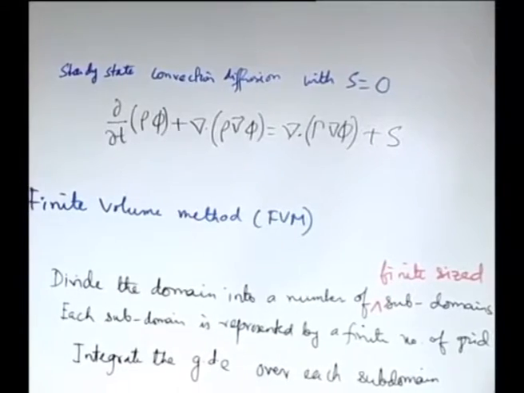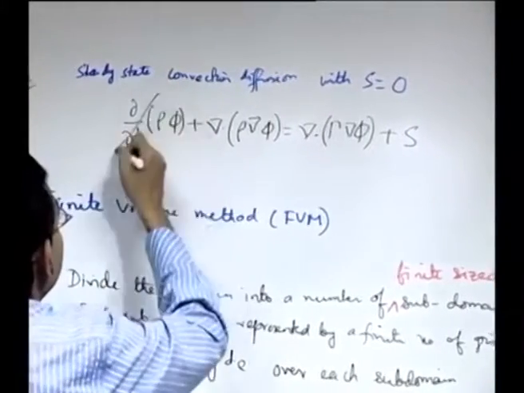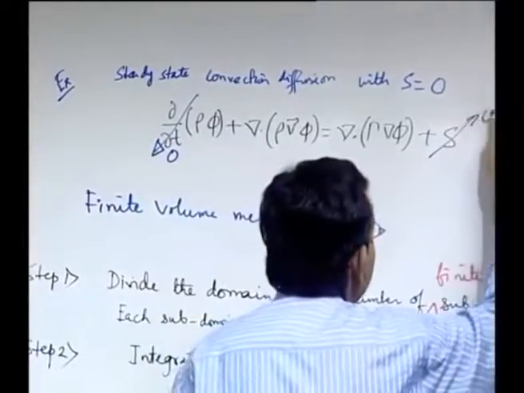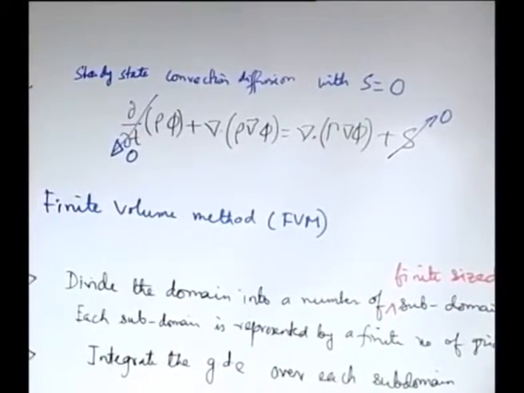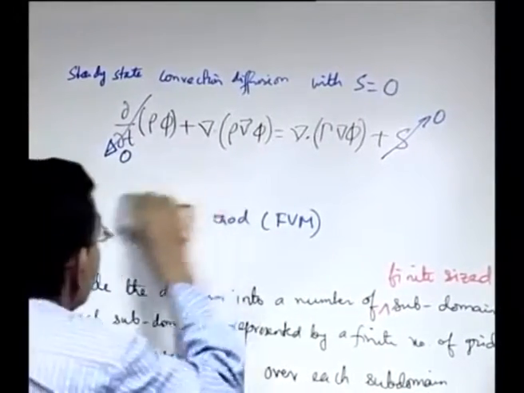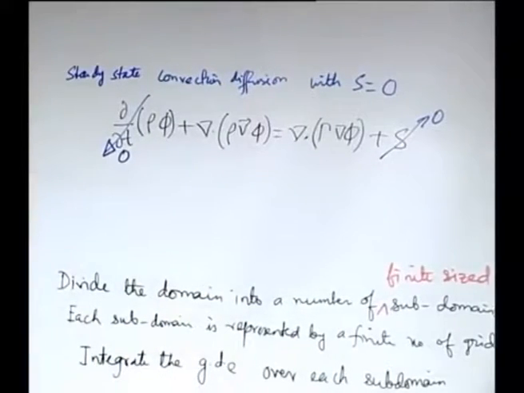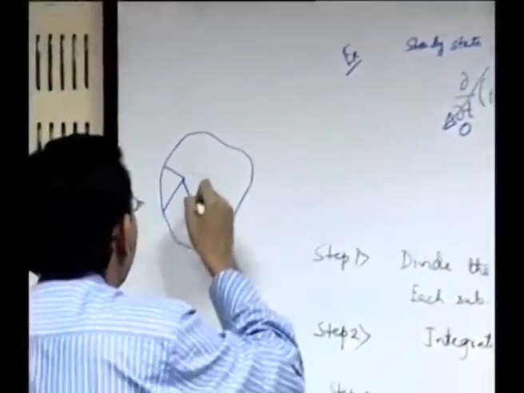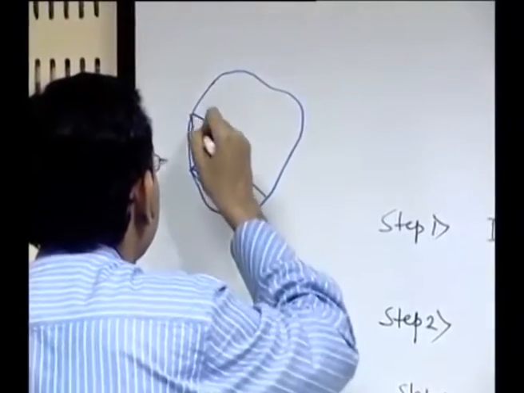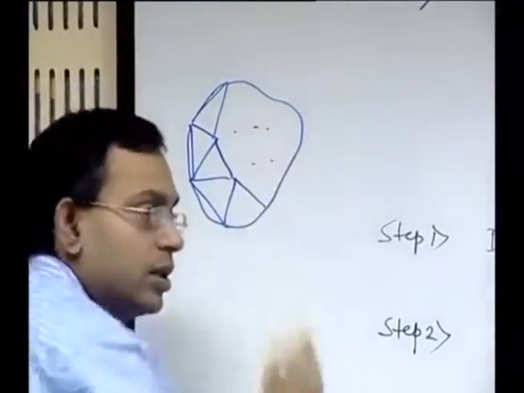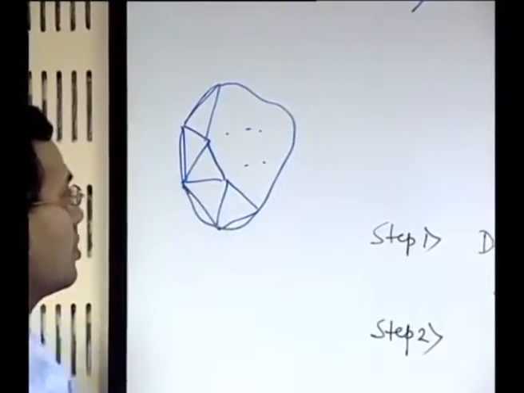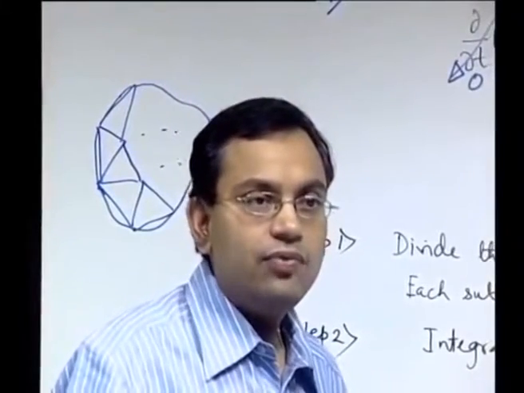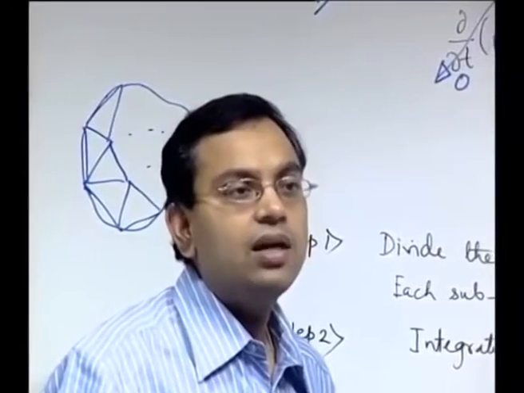We consider a steady state equation, so this term is equal to 0 and there is no source. If we want to solve this problem over a domain, say a domain of this type, we divide the domain into a number of subdomains in this manner. You can see here that your subdomains may be of whatever arbitrary shape, and it is therefore easy to tackle complex geometries.